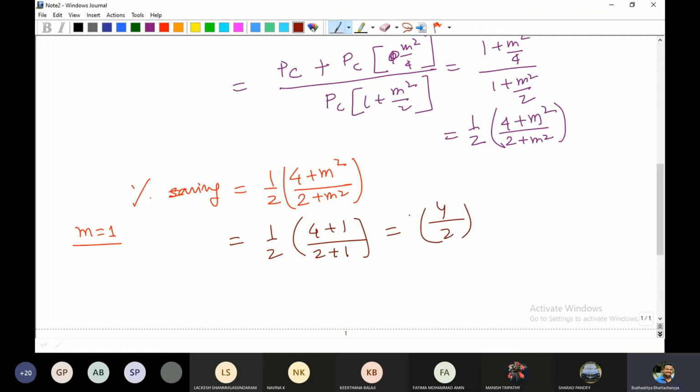Sorry, 4 plus 1 is 5, and 2 plus 1 is 3. So if I go on calculating, it is 0.833. So this is around 83.33% improvement.